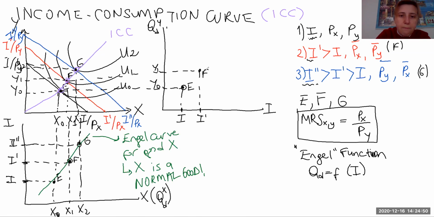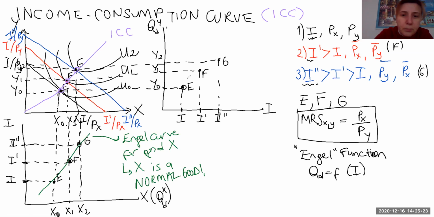It's point F. And finally, the income of the consumer has increased to I2 prime at the third stage, and the budget line has shifted to the right again. So the new utility maximizing level of Y is determined at point G, and this consumer will consume Y2 amount of good Y. This is the reflection of point G to the Engel function.